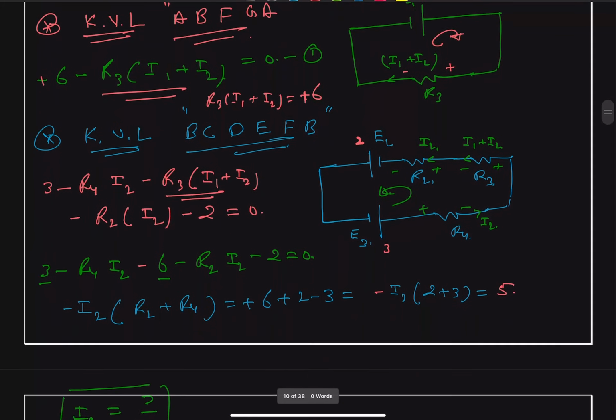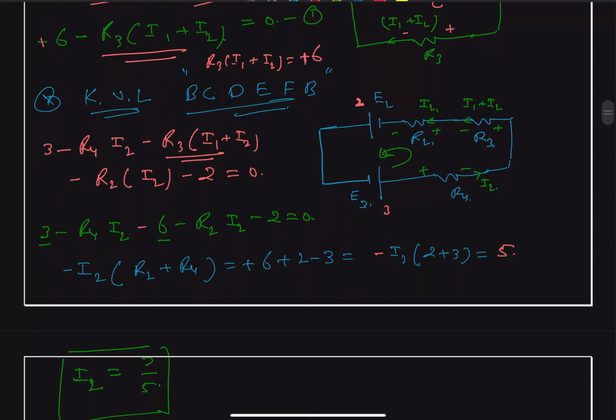This is also correct, and we have our minus of 2. This looks correct, and this is our plus of 3. Once again, same mistake. We have rise in potential, that is plus of 2.